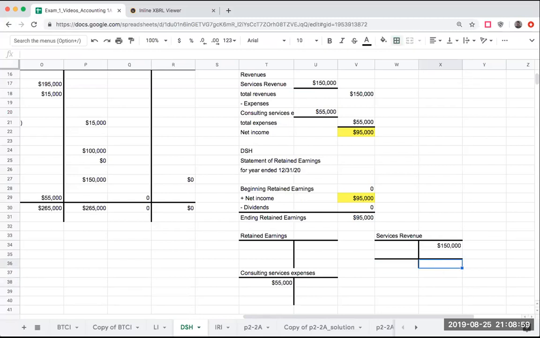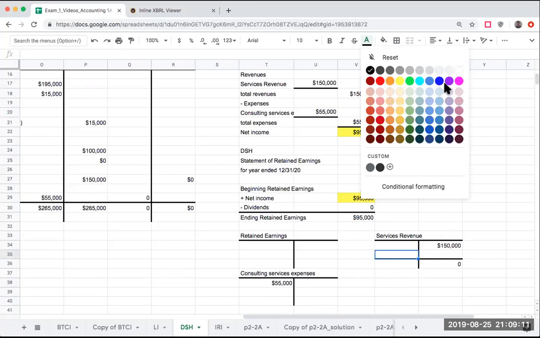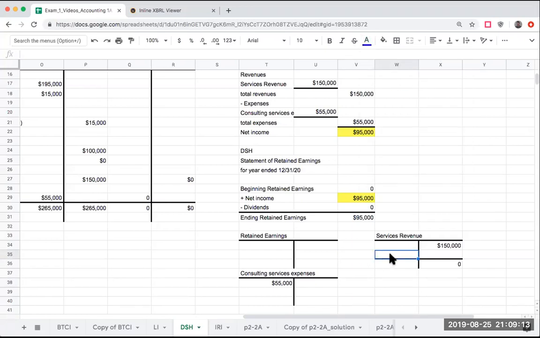Now what we need to do is make these accounts 0. So what do I need to do in the T account to make services revenue 0? Debit it. I need a debit here to services revenue. Now, what's our rule in accounting? For every debit, I need a credit.